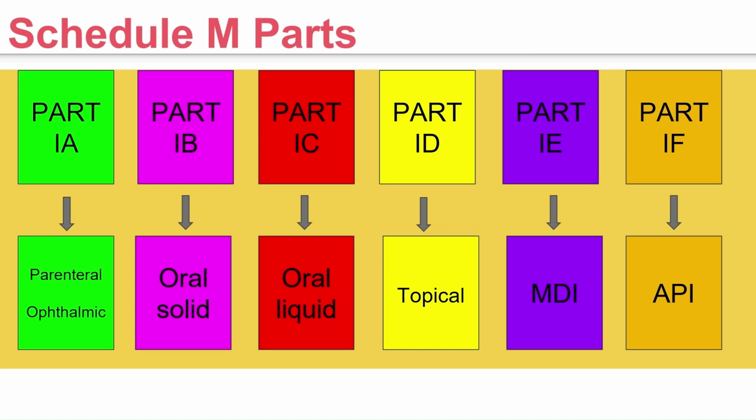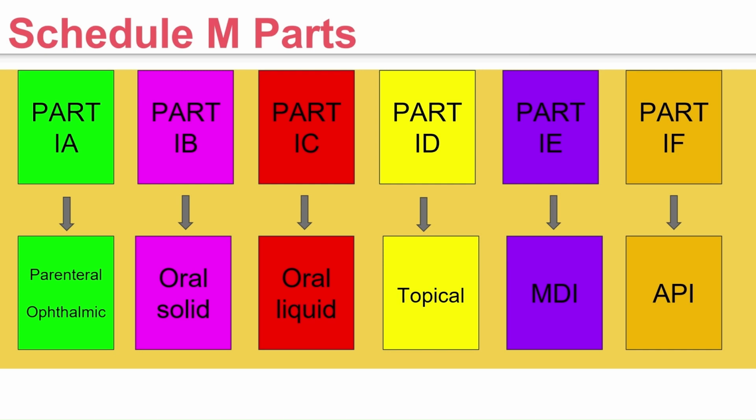Subparts of Schedule M are 1A, 1B, 1C, 1D, 1E and 1F. You remember a word, POOTMA: P-O-O-O-T-M-A. P-O, that is parenteral and ophthalmic, are in 1A.